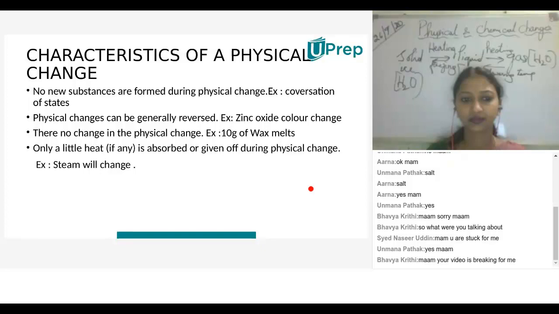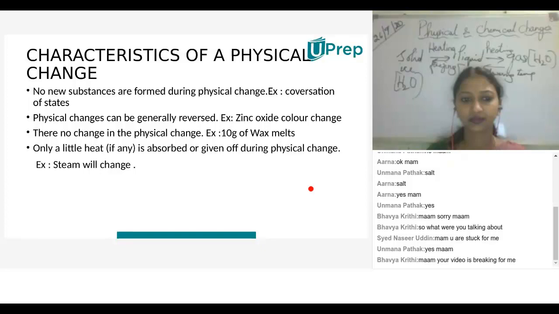Next, there is no change in mass in a physical change. What do you mean by mass? Weight. If you have melted 10 grams of wax, after melting, if you weigh the molten wax also, it is 10 grams only. There is no change in the mass when it is converting to different states.